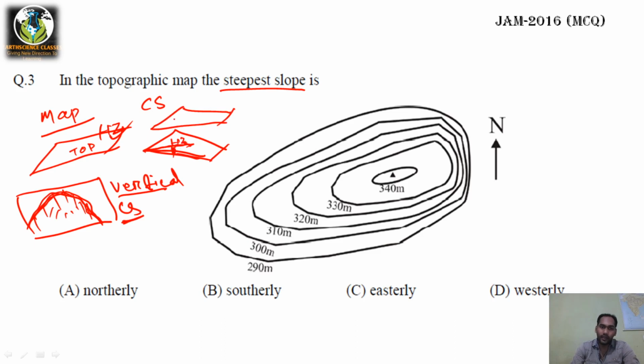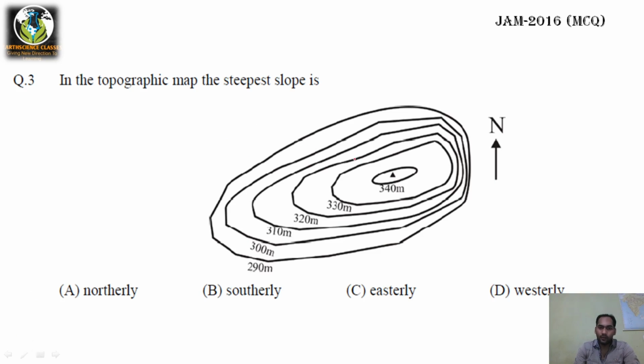Of course, you can measure it by using strike and so on, but I am not going into that part. I am just saying the basic difference. You cannot see this tilt in a map, but you can see it in cross section. This is your cross section. Okay, let me clear this.